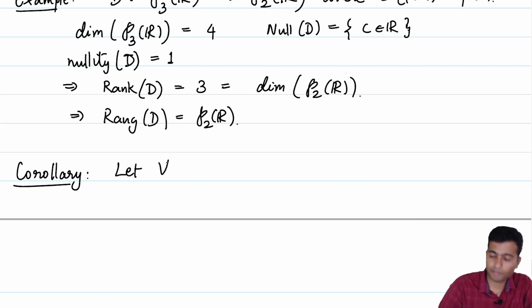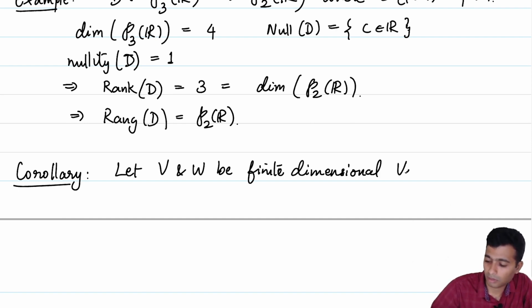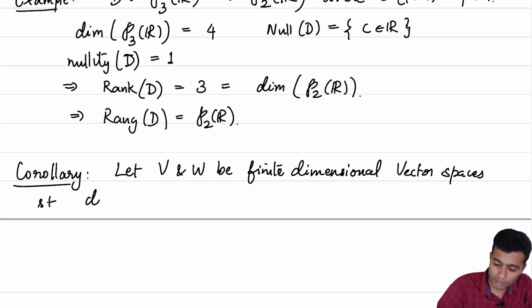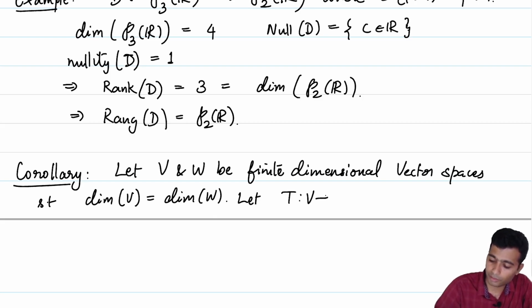Let V and W be finite dimensional vector spaces such that the dimension of V is equal to the dimension of W. Then suppose further, let T from V to W be a linear transformation.